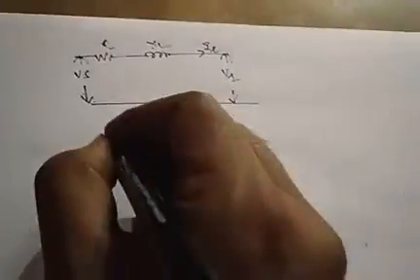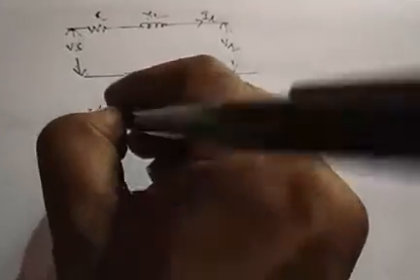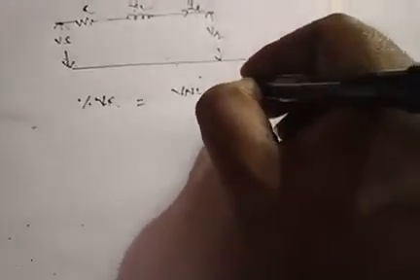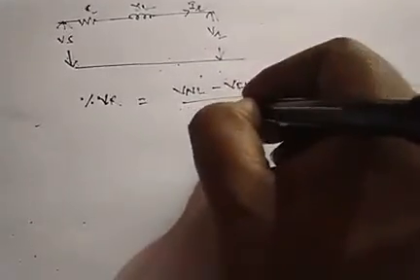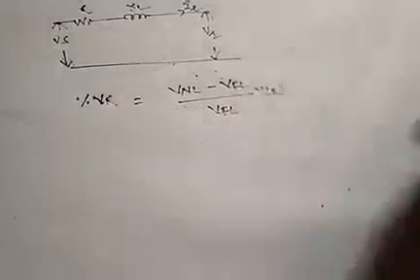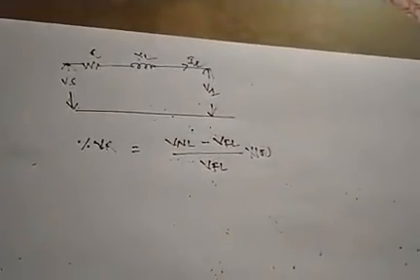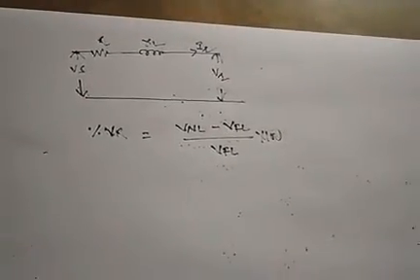So what is the formula for regulation? Percentage voltage regulation is V no load minus V full load, divided by V full load, into 100. So this is the receiving end side regulation because you are connecting your load at the receiving end.